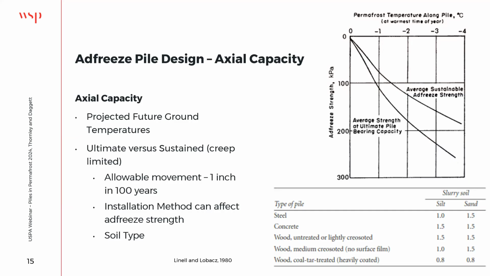where you might see a failure if we're talking about a slurry installed pile, where you're going to drill the hole, put the pile in, and backfill it full of sand slurry around it. So are we going to see a failure between the soil and the slurry, or are we going to see a failure between the slurry and the pile?